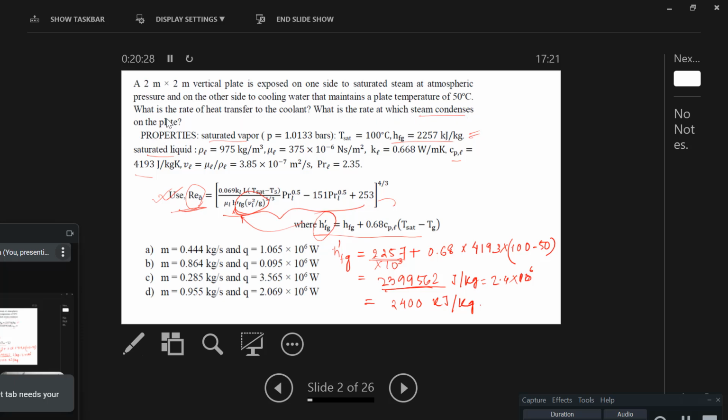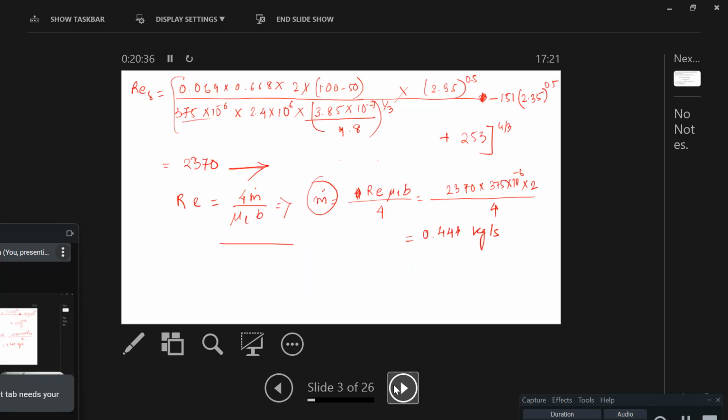We already calculated this. Now what is the rate of heat transfer to the coolant? For this, Q can also be found out from m dot into hfg. M dot is 0.444 into hfg.